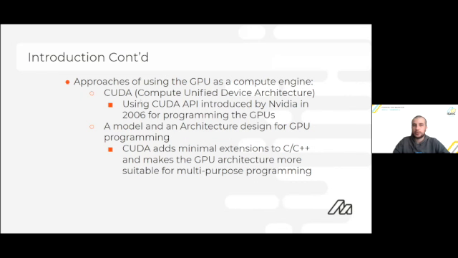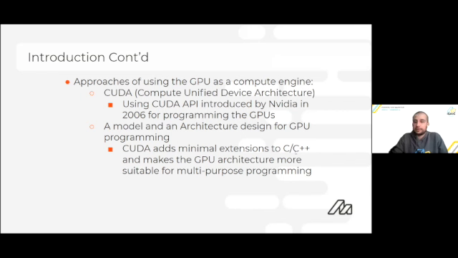NVIDIA came up with CUDA, or the Compute Unified Device Architecture. CUDA is both the architecture that NVIDIA uses to build its GPUs, and also the programming API that can be used with C, C++, Fortran and other languages to interact with and use the architecture of the GPU in your programs.